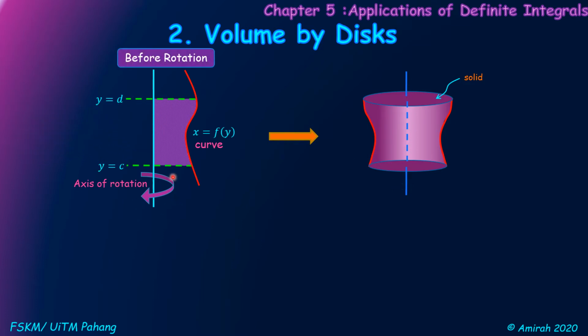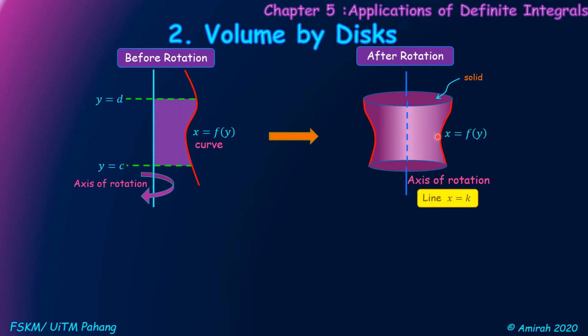This is the diagram before rotation, and this is the diagram after rotation. This is the axis of rotation, and the axis of rotation for a vertical line is the line x equals k. This curve we can write as x equals f(y), with x as the subject.